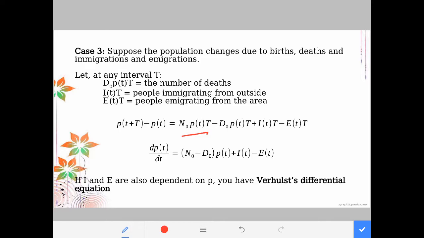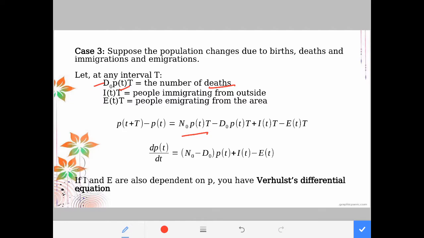And then we add additional factors, which is the deaths. We let the number of deaths be defined by a constant D0 times the percentage of the initial population that died.